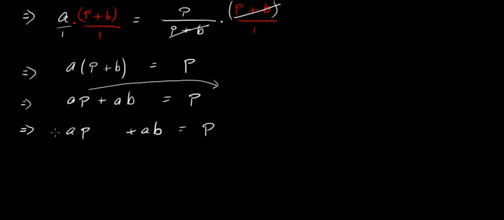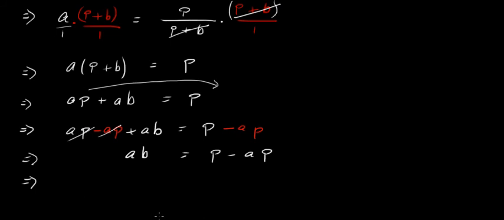Well, it's adding. There's a plus ap here, so what I'm going to do is put in a minus ap on this side, a minus ap on this side, and that should get rid of it for me. So plus ap minus ap will give me 0, and on the left hand side I'll end up with ab is equal to p minus ap.